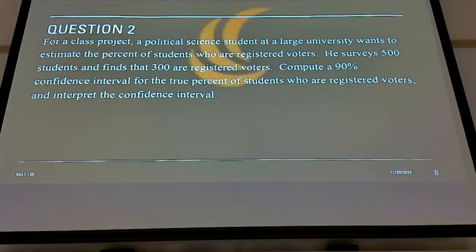Number of students who are registered, which means our p hat is going to be the number of students registered in the sample, which is 300. So the proportion will be 300 over 500. This one I can put as a decimal because it will be a nice decimal. It's 3/5, which is 0.6.